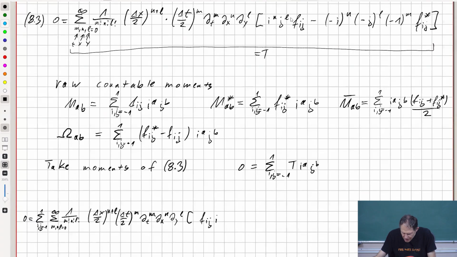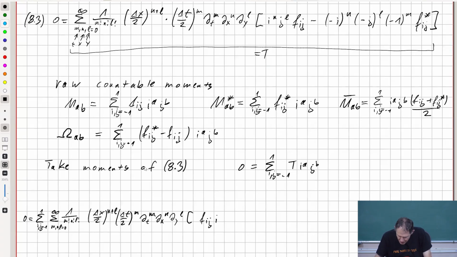We have seen in this equation up here that we have to count up i with the counter n. But in addition to this, we also have the moments.